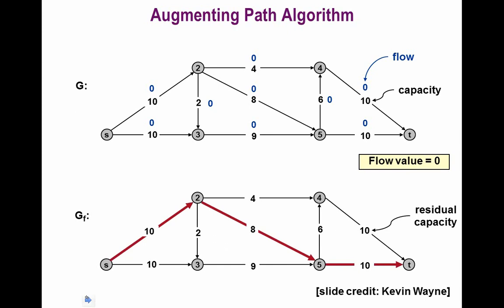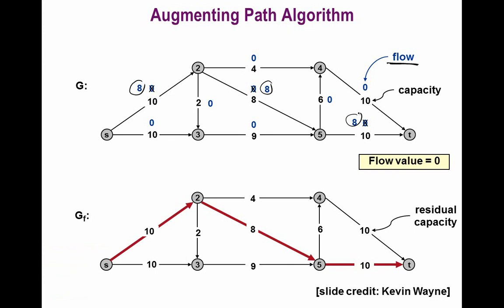And along this path, we have the capacities 10, 8, and 10, so the bottleneck is 8. So I can send up to 8 units through this path. And on the top, you now see that where we previously had a flow of 0, because the flows are indicated here in blue, we now have a flow of 8, 8, and 8.